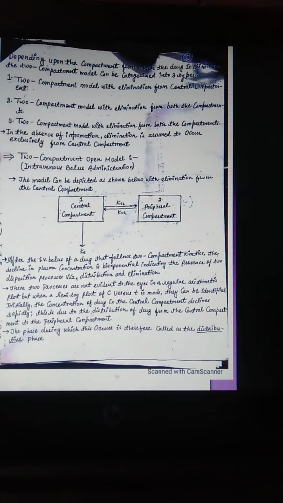When the pseudo distribution equilibrium is achieved between the two compartments, the subsequent loss of drug from the central compartment is slow and mainly due to elimination. The second, slower rate process is called the post distributive or elimination phase.